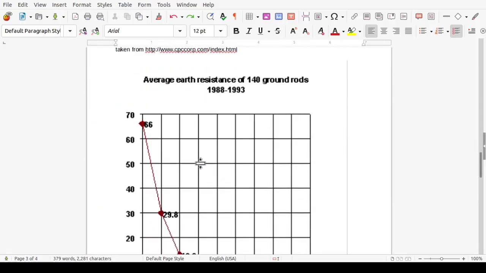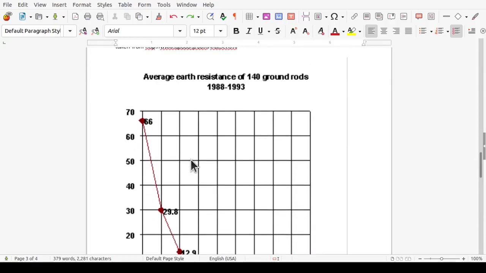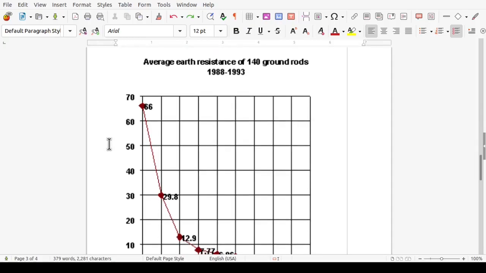But if we go down to this chart, this will reveal the average earth resistance of 140 ground rods. So this is 140 different ground rods that have been measured in place. And like I said, you can measure it yourself. It's simple to do. It's moderately complex. It's not instrumentation that you have available commonly.